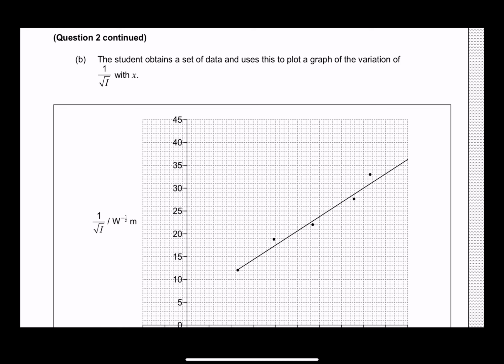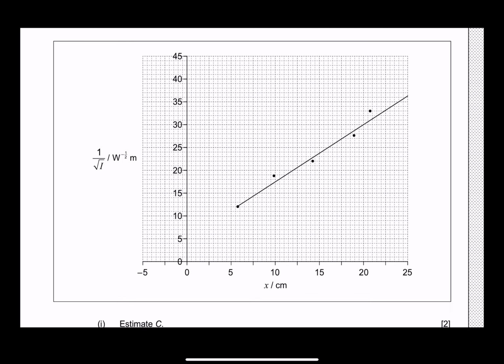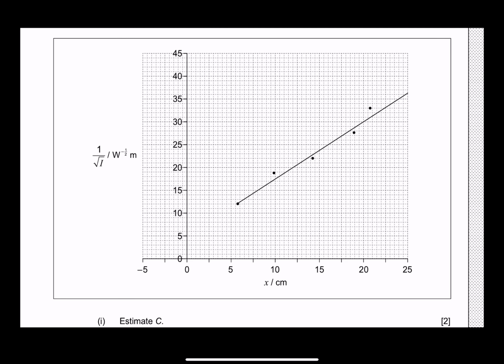Okay, let's cut to the chase. So here we have a graph of 1 over radical intensity with units of watts to the negative 1/2 times meters. And the data is a little bit wonky, but the experimenter, I should say, has drawn a line indicating linear proportionality.